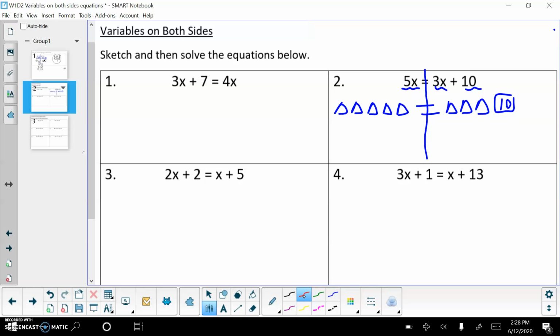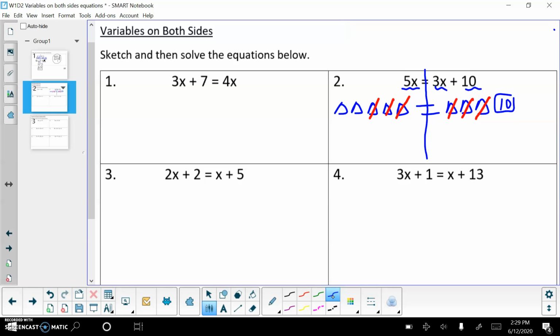So I notice I've got one on the right I can take away, but then I have to take away one on the left. So I'm doing the same on both sides. It's still equal. And if I take away a second one on the right, I have to take away a second one on the left, and a third one on the right, and a third one on the left. And now I don't have any more triangles on the right to take away, so I've got to stop taking away triangles, and this is what I'm left with.